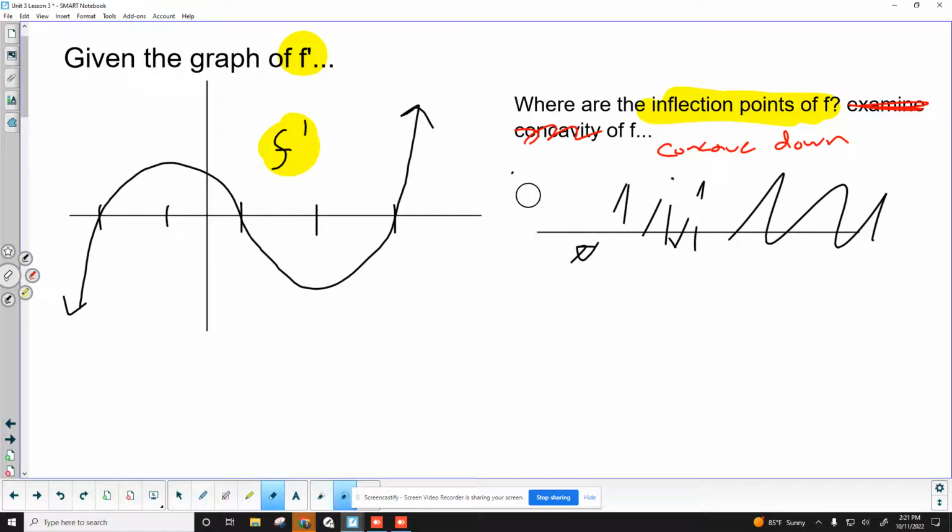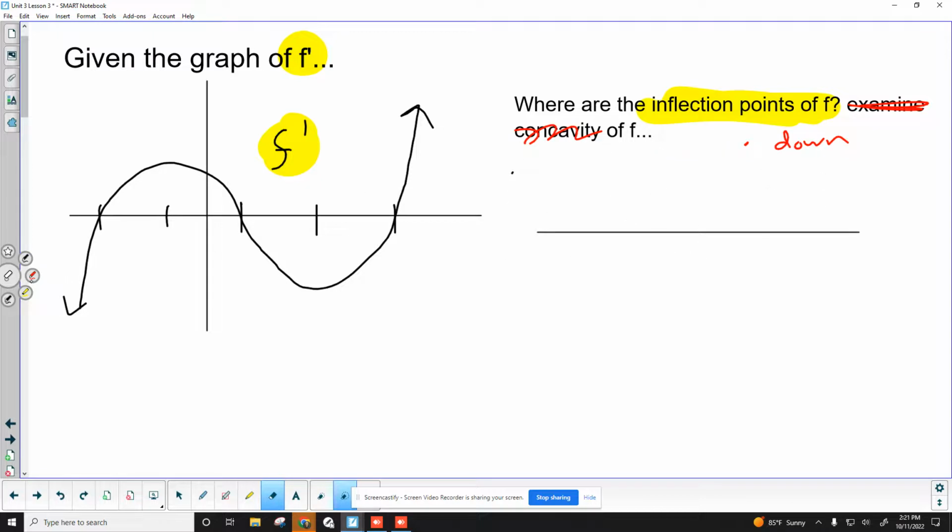Now, what's great about this is that there's multiple ways to kind of handle things. I got F double prime, that's going to tell me about F prime, that's going to tell me about F, right?